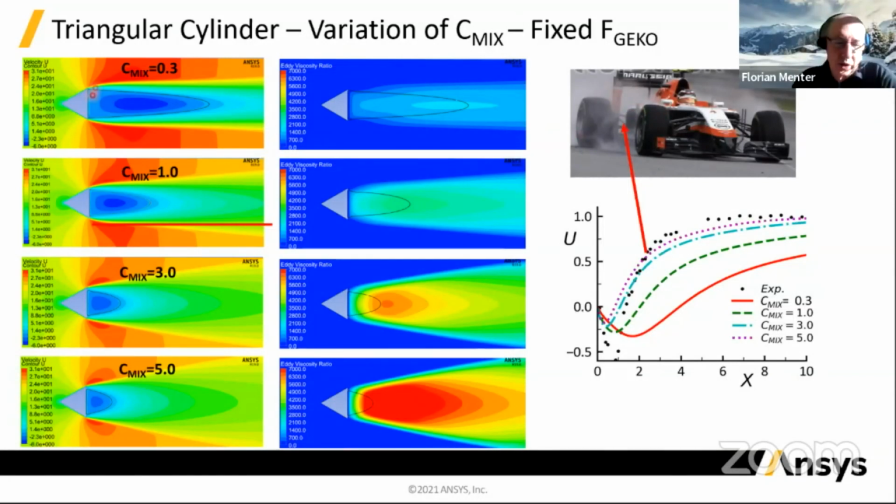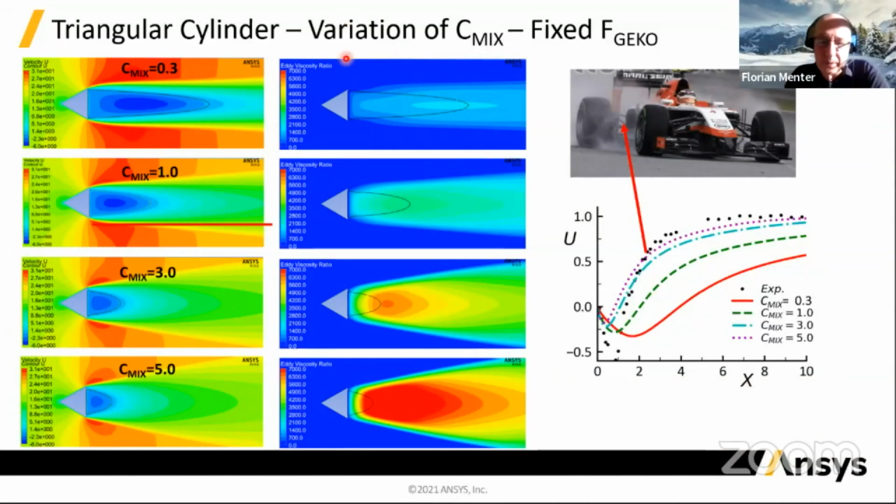And this is kind of a generic example here. If we run steady state for this triangular cylinder, we get a very large separation zone as we expect, and then we can increase the C-mixing coefficient in these free shear flows here, and then we can reduce the separation zone dramatically, even though we're just doing a steady state simulation.